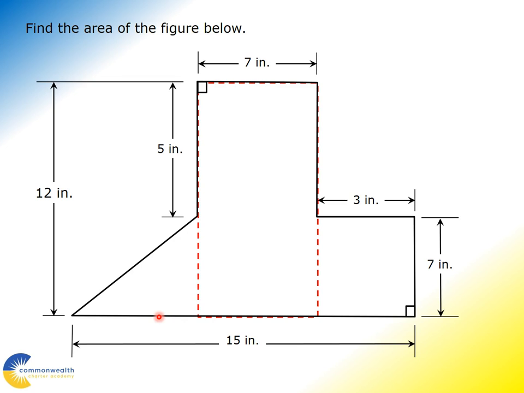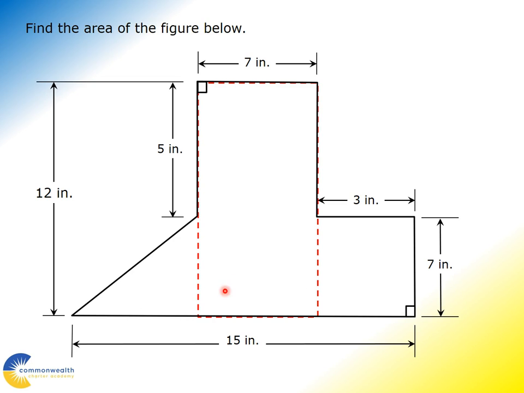One of these 2 measurements might have been left out in a problem. As long as I know the entire length up here is 12 inches and I know from here to here is 5, I can figure out from here to here is 7. So keep an eye out for those sorts of things as you go through your material.